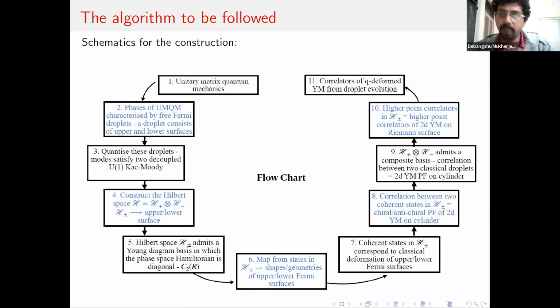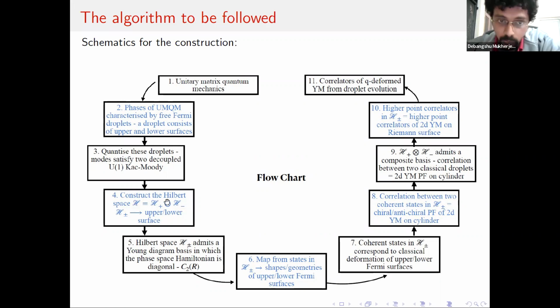So they are parameterized by essentially an upper and a lower Fermi surface. We are going to quantize these droplets, and what we are going to observe is that fluctuations over these classical profiles satisfy a double copy of the U(1) Kac-Moody algebra, the abelian Kac-Moody algebra.